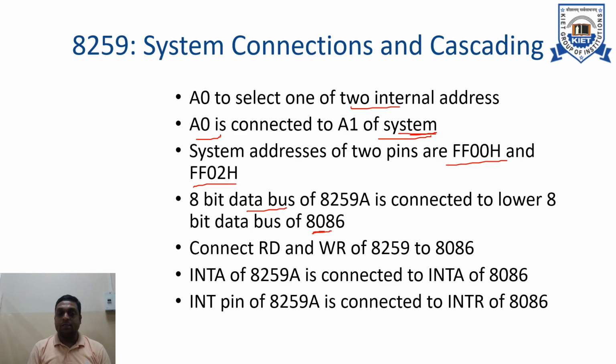Read and write signals of 8259 are connected with the read and write signals of 8086. INTA, the interrupt acknowledge of 8259, is connected with the interrupt acknowledge of the processor. The INT pin of 8259 is connected with the INTR pin of 8086.